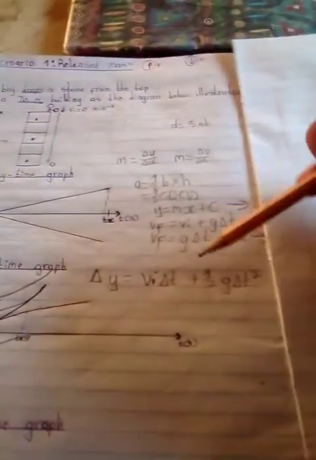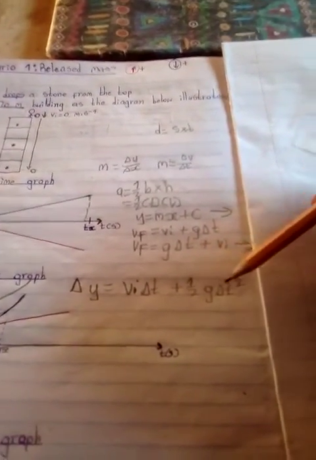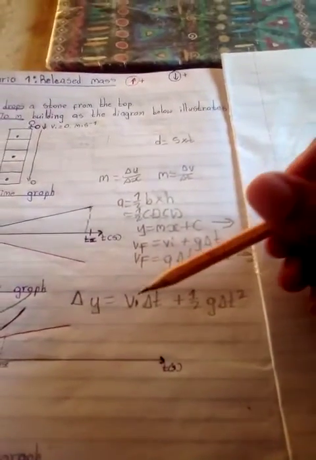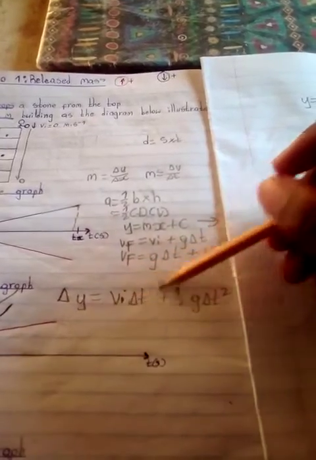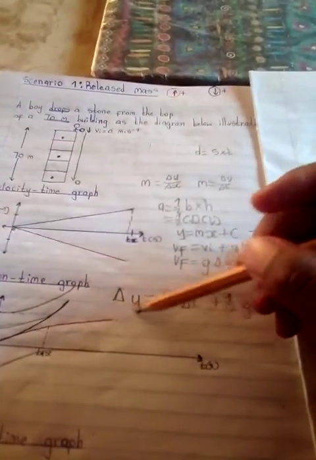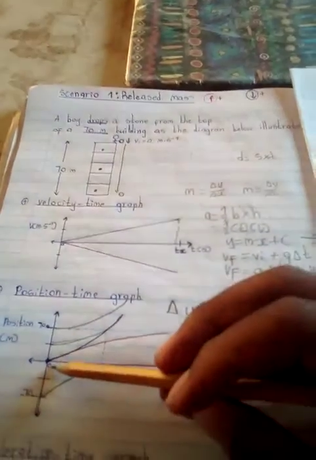You have ax squared, you have half g t squared, you have bx, you can take this as bx, you have your constant here c, you can take this one here as c as your constant. And that's why here we have a graph that looks like a parabola.